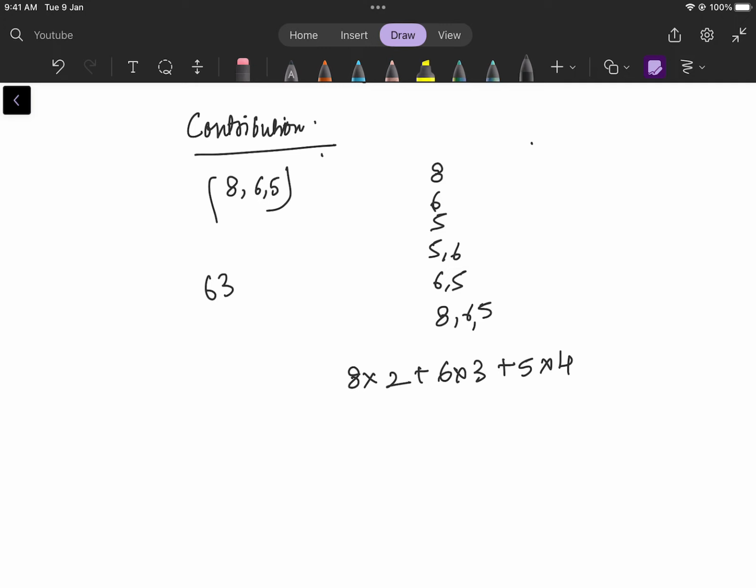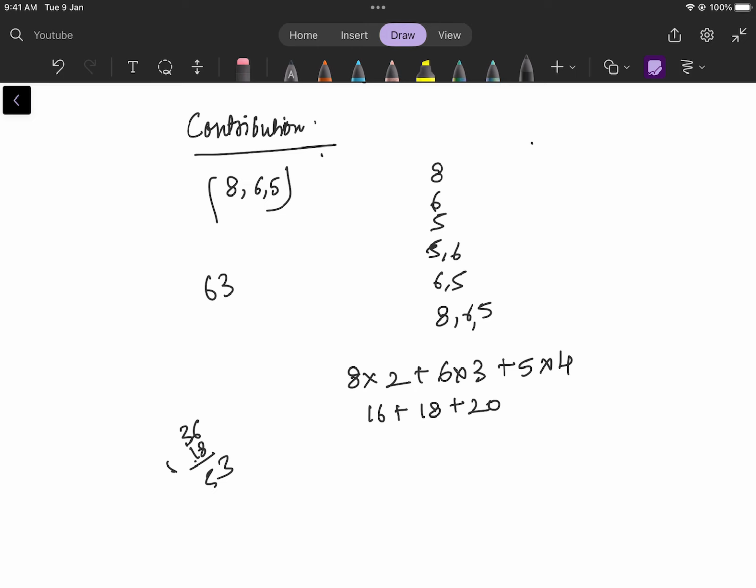Okay, and if you add these, 20 plus 16 will give 36. 36 plus 18, and so on, comes to 53. No, I think I have done something wrong.